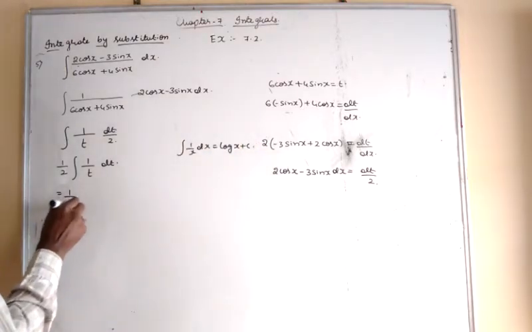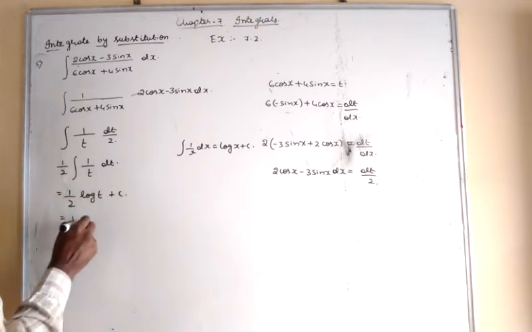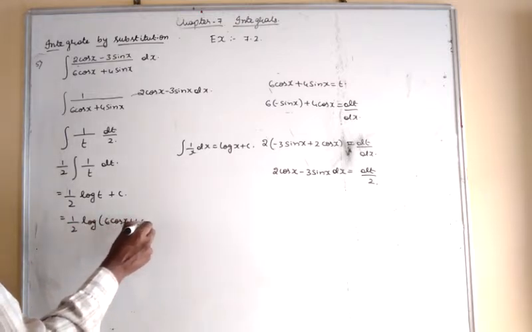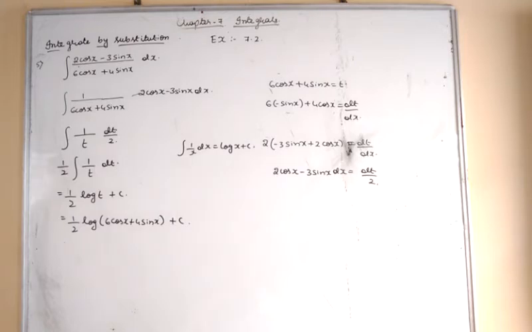So if you apply the integration formula, then log t plus c, that is 1 by 2 into log of (6 cos x plus 4 sin x) plus c. Okay, take down the next problem.